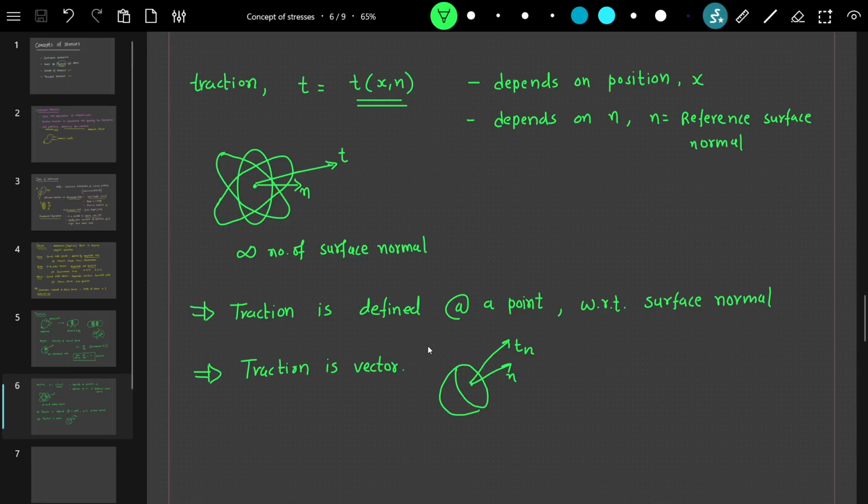If I have this body in this coordinate system x, y, and z, the traction Tn can be decomposed into three different components, Tx, Ty, and Tz. So we can say traction is a vector.